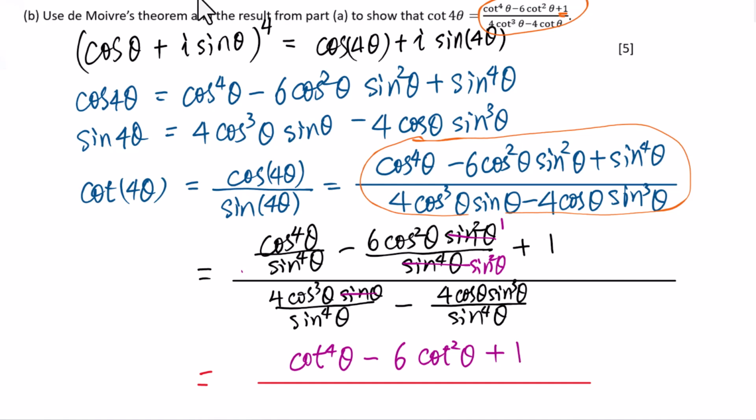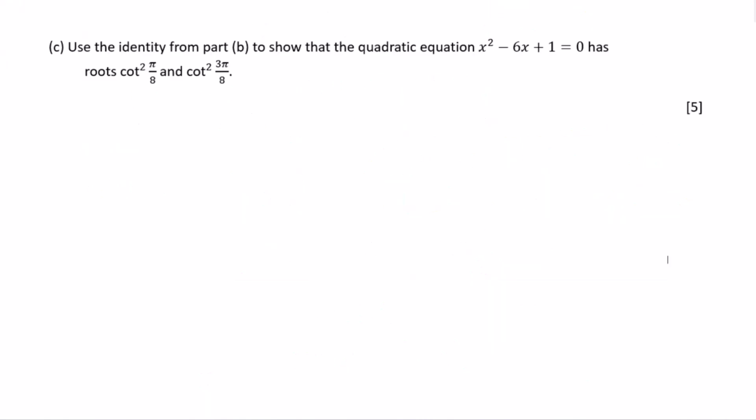Denominator reduce: 4 cotangent cubed theta minus 4 cotangent theta.